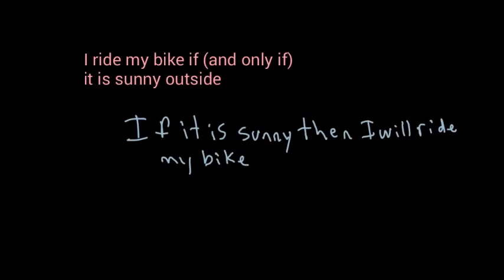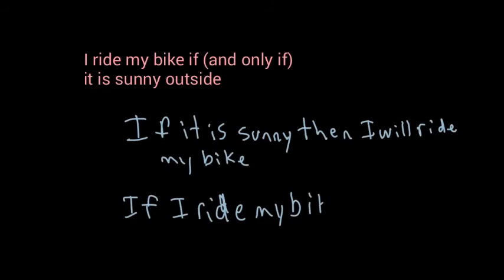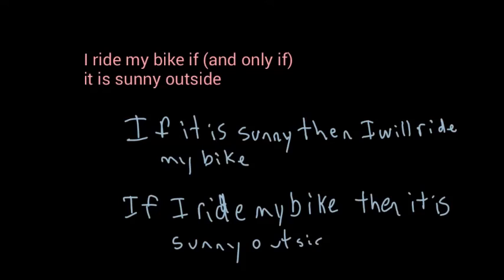And then the converse of that would be, if I ride my bike, then it is sunny outside. So I took that biconditional, I broke it down into the two conditional statements, the original and the converse of the original. So that's how you do biconditional statements.